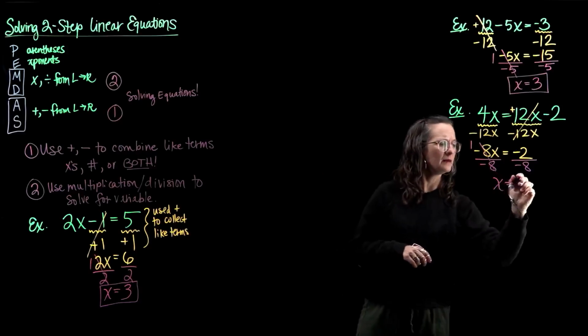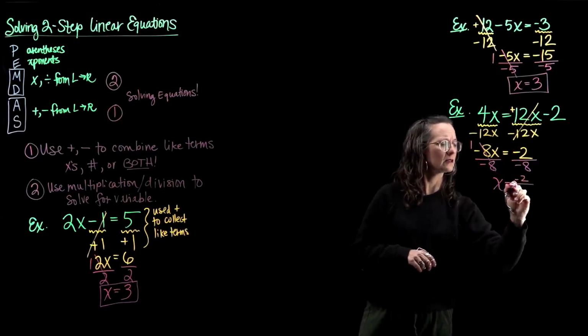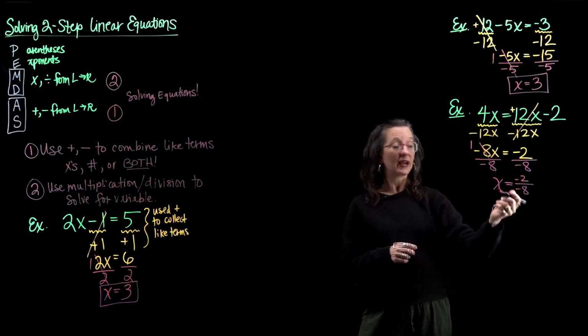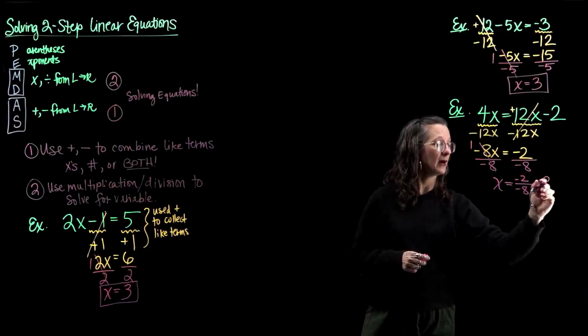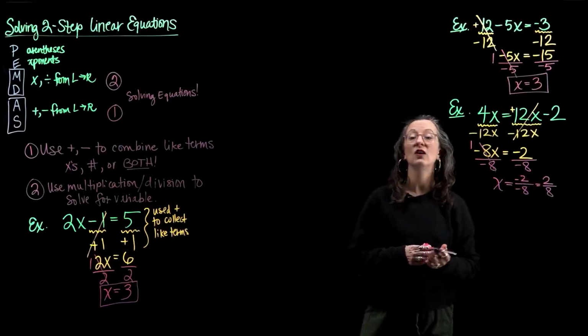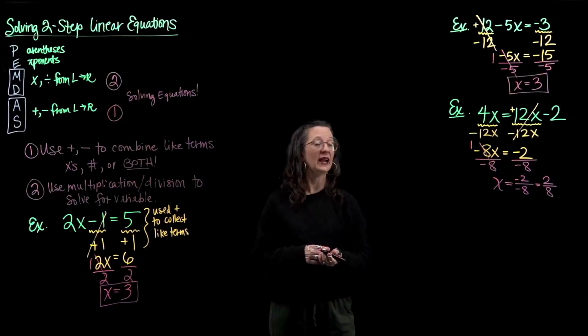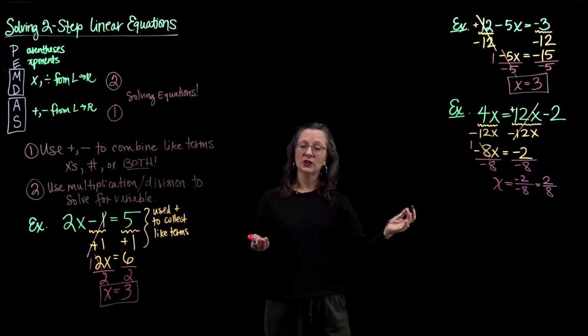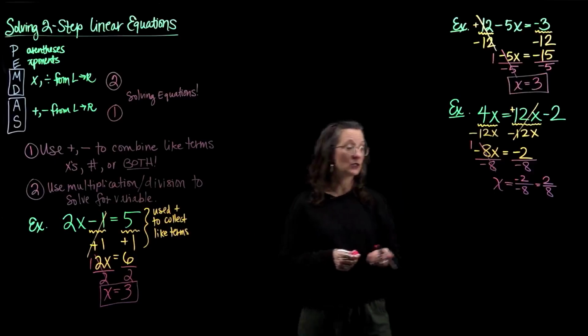I can write that, and then let's talk about what it means. When I have a negative divided by a negative, that is going to be a positive number. So I could also write it as 2 over 8. And then we want to think, can I reduce that fraction? They're both divisible by 2.